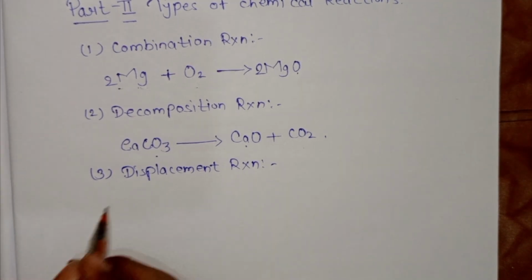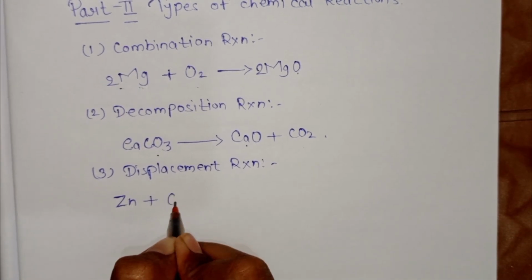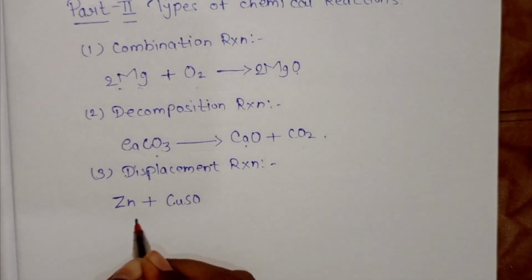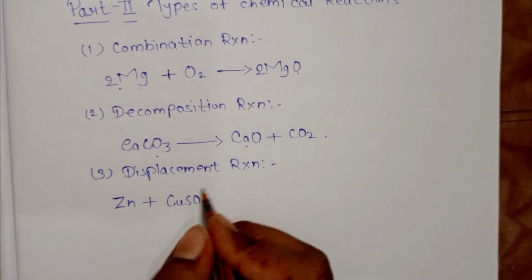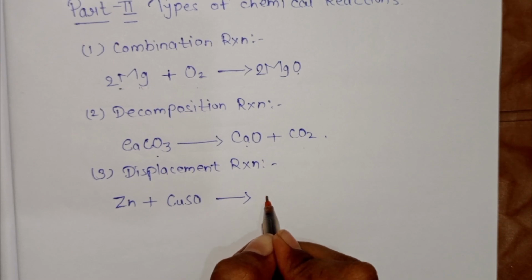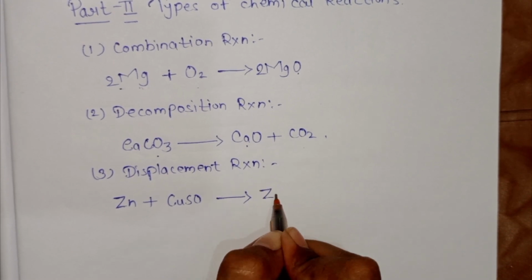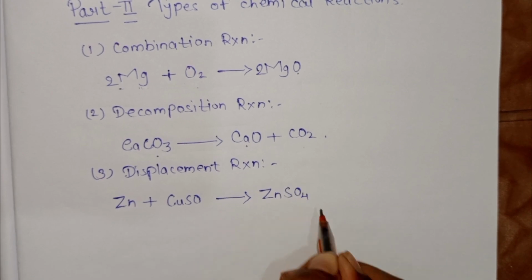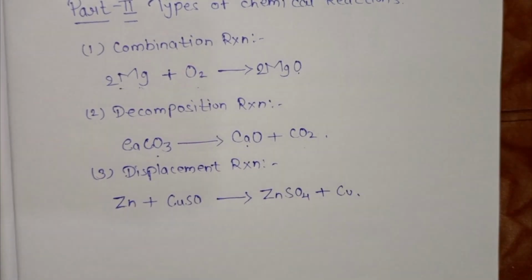The example here is zinc plus CuSO4. When zinc reacts with copper sulfate, zinc displaces the copper from copper sulfate and forms ZnSO4, zinc sulfate, and copper gets separated.